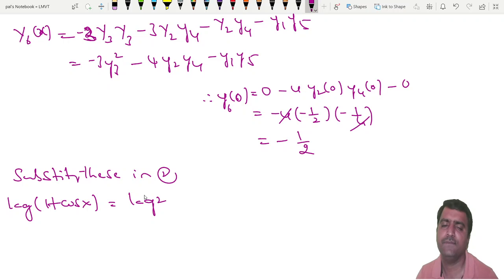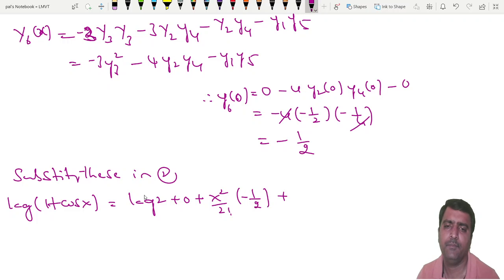it gives that log of 1 plus cos x is equal to y of 0, which is log 2, plus y1 of 0, which is 0, plus x square by 2 factorial into y2 of 0 which is minus 1 by 2, plus y3 of 0, plus x to the power 4 by 4 factorial into y4, which is minus 1 by 4.